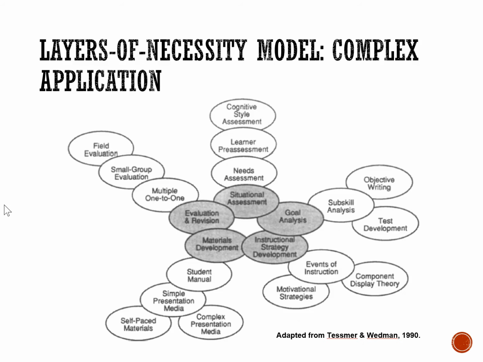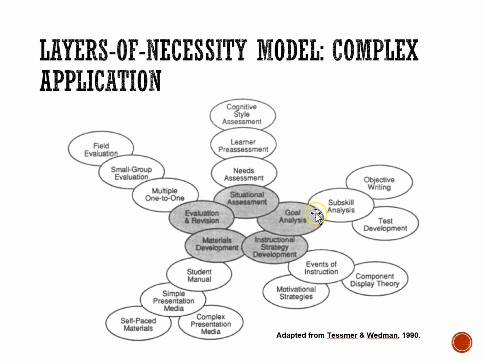And here's what it would look like to do layer 1, and then if you had time to add on additional layers. So in layer 1, we are asking, for instance, those questions about, is the content accurate? Is the instructional strategy adequate? And what revision could be made? If we had time to do a second layer, we could do some multiple one-to-one evaluations. For the situational assessment, we could perhaps carry out a full-blown needs assessment.